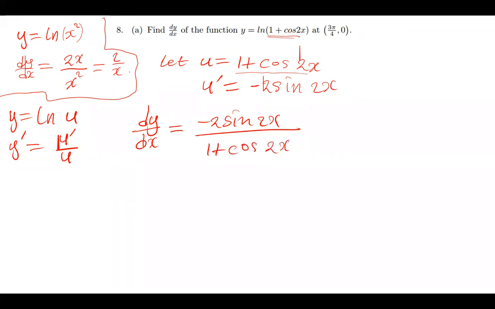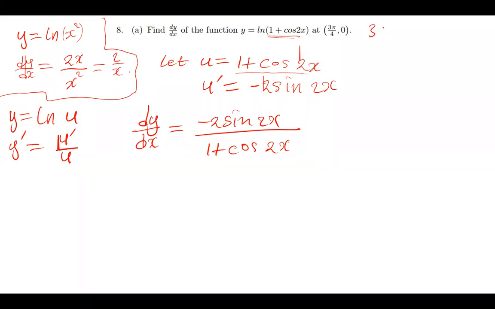then divide by the original function, which is 1 plus cos 2x. Right. So they are saying we find dy dx at the point 3 pi over 4 comma 0. So we can change this to degrees if we want our work to be easier.